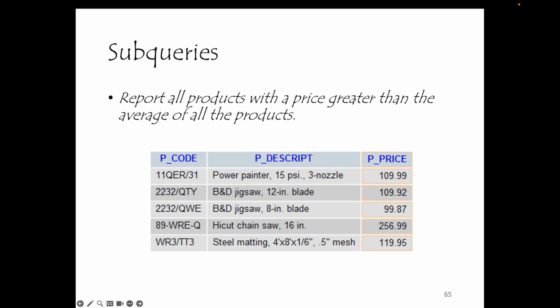To get this answer, first of all, we need to compare each product's price with the average of all the products. In the previous example, I showed you how to get the average of all the products using aggregate functions. So again, let's move step by step. Let's start with the average price as a review.